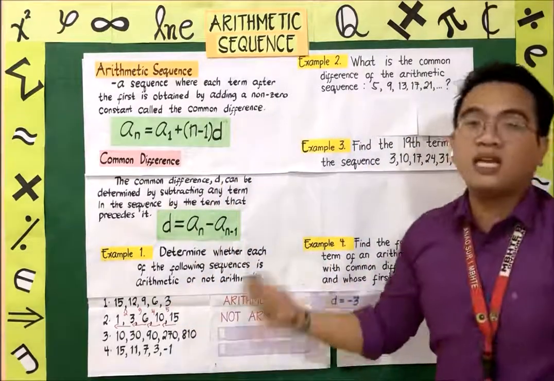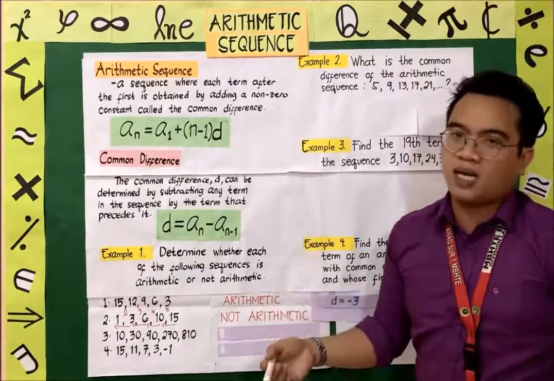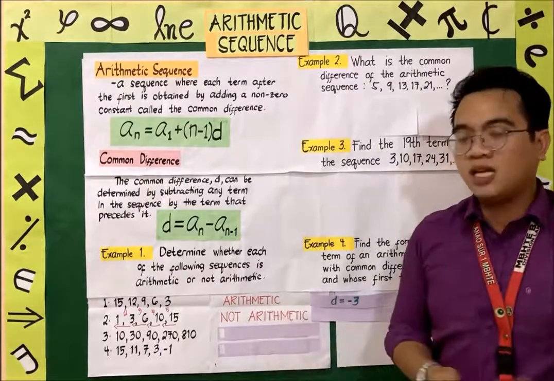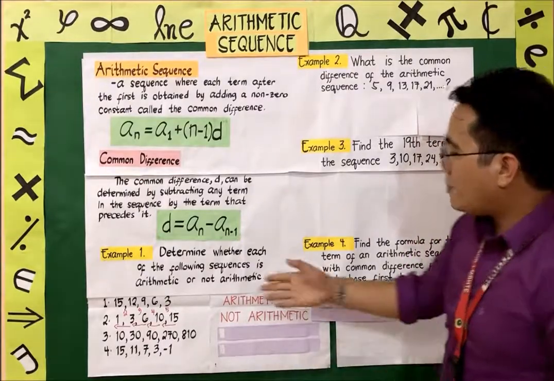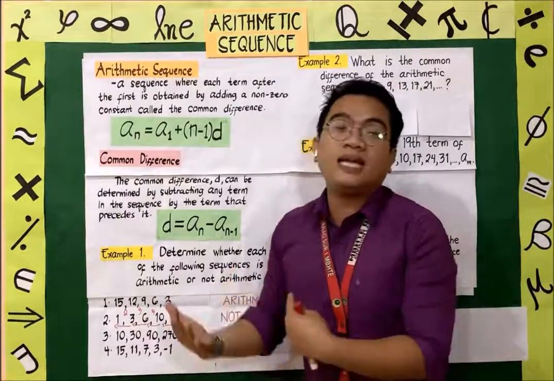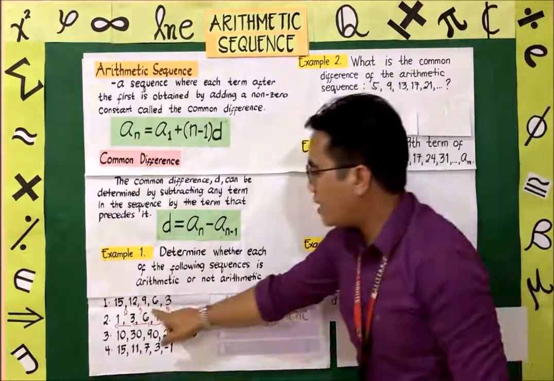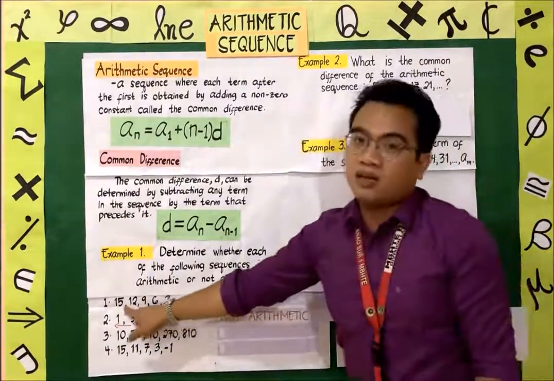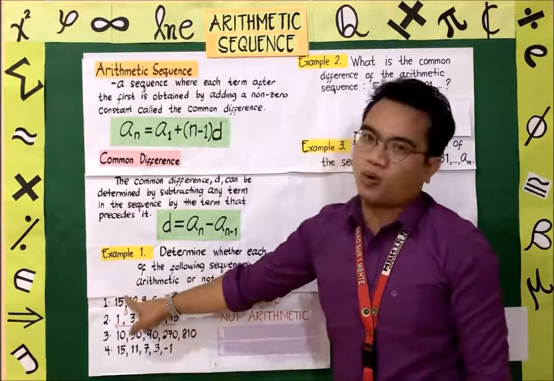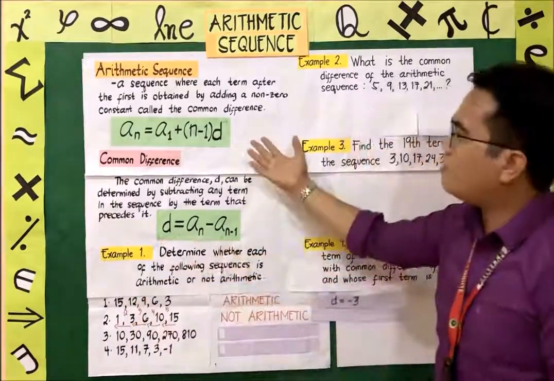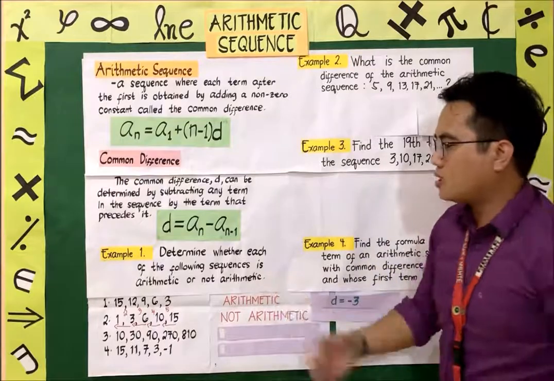Yes, meron siyang sequence, pero hindi siya arithmetic. Kasi pag sinabi natin sequence, meron siyang pattern na nakikita natin dun sa set of numbers. Pero wala siyang common difference kasi magkakaiba sila ng difference, unlike sa number 1. Okay, so it violates the definition of an arithmetic sequence.